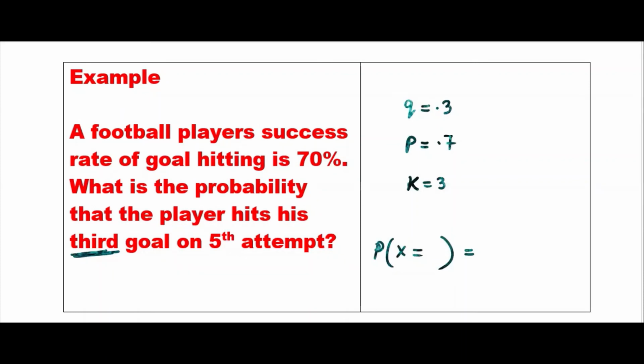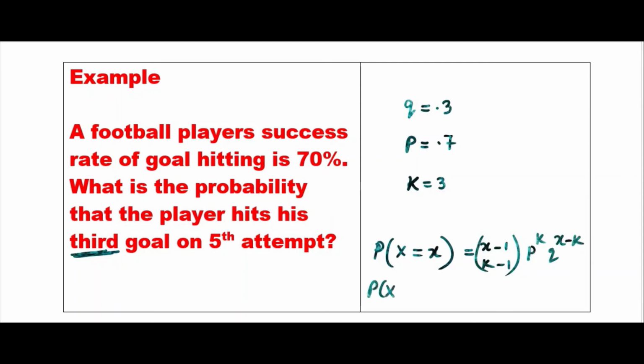Let me write probability X is equal to x. And you have to tell me another example before leaving. Probability X is equal to x. Remember the formula? x minus 1 choose k minus 1, p to the k, q to the x minus k. This was the formula.